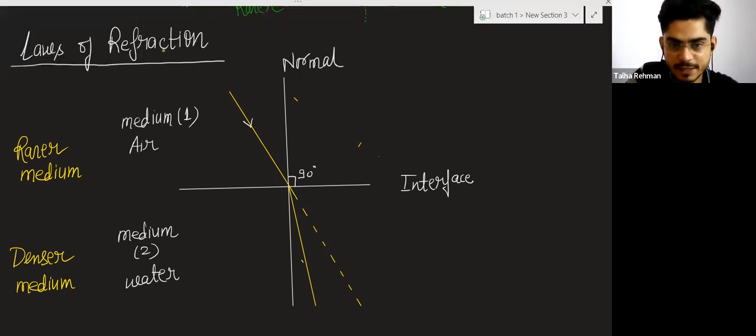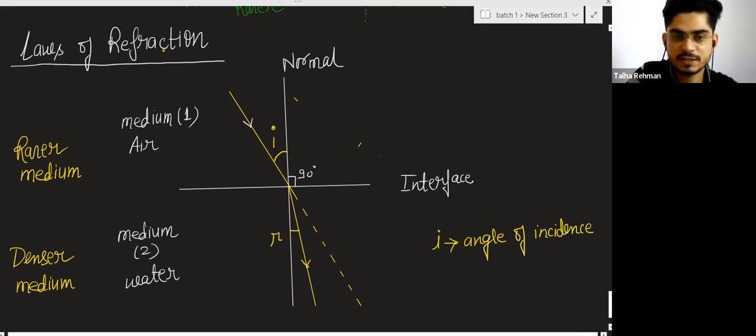So here light is going like this after the refraction, and this angle is the angle of incidence.